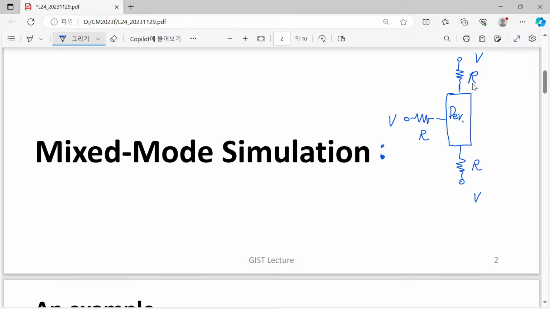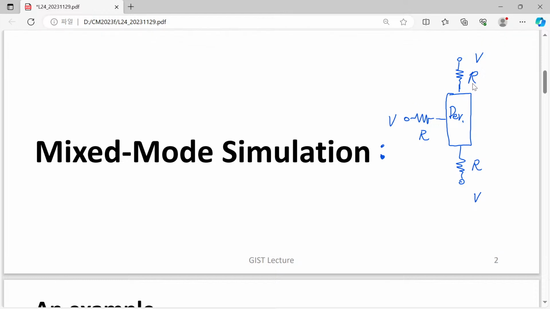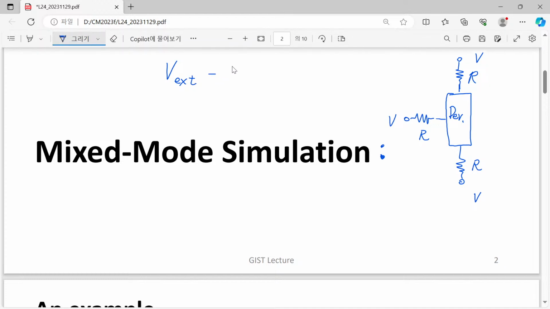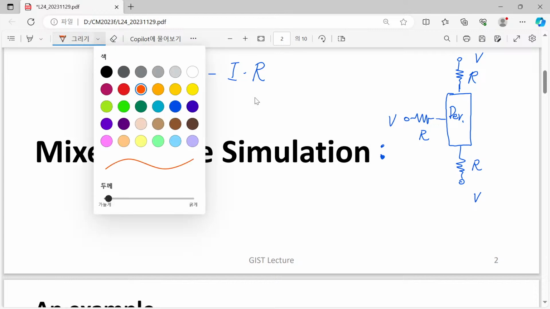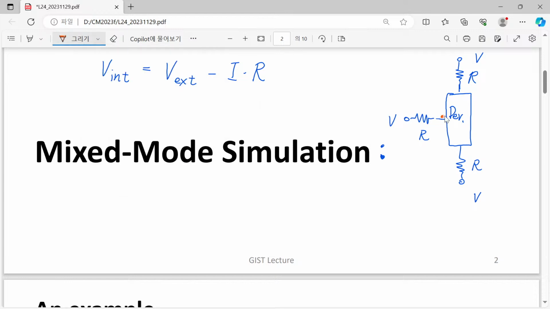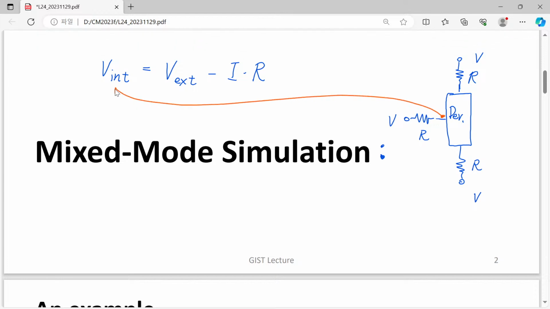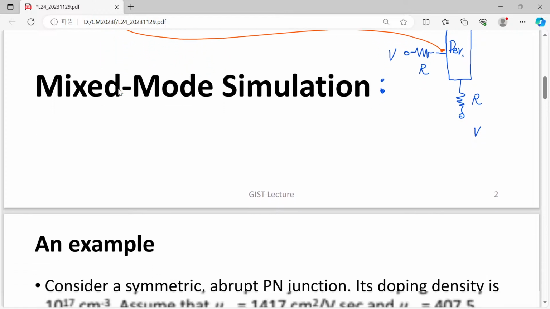That is the implementation we can do right now with a simple rule: external voltage minus I times R will be used as the internal voltage, and this internal voltage is the actual voltage directly applied to the device.